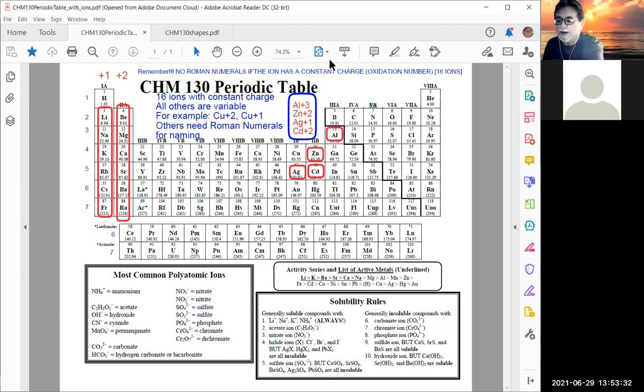Think about that for a second. An example of this: NH3, lone pair, 3 bonds on nitrogen, right? Oxygen, H2O, 2 bonds on oxygen, and it has 2 lone pairs.